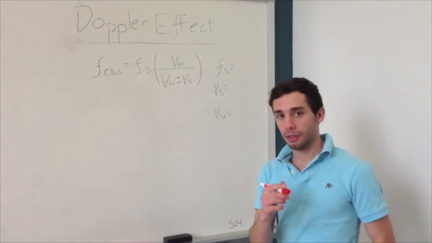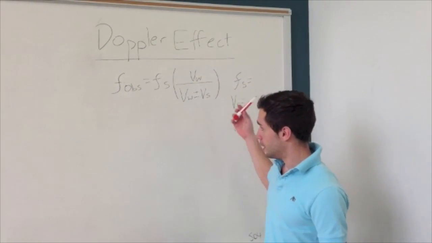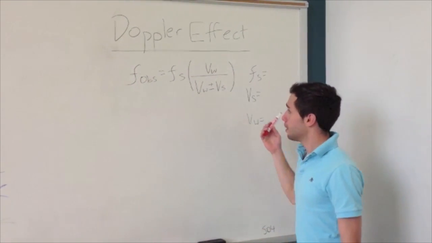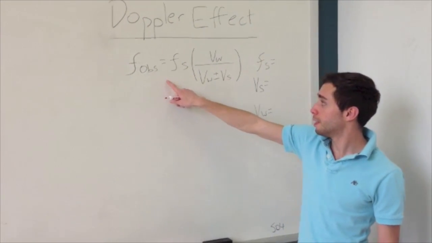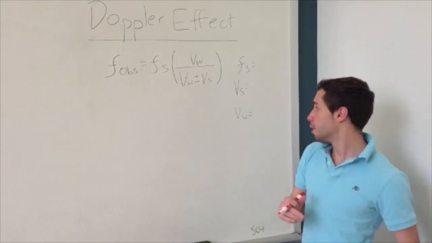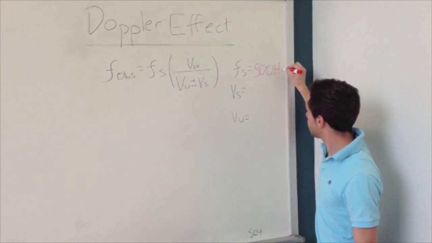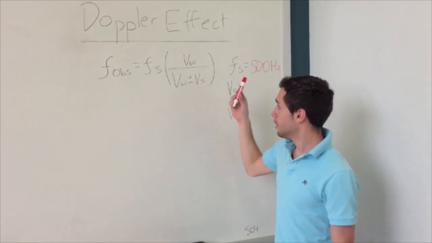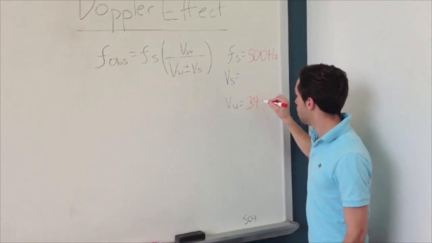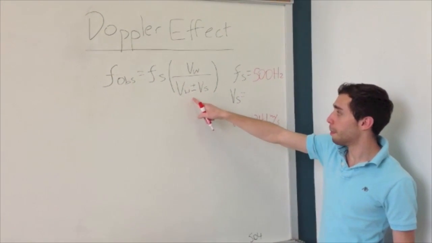So now I'm going to show you guys how to find the Doppler effect, which in reality is the frequency observed. So the equation is the frequency observed equals frequency of the source, and let's say the frequency of the source was 500 hertz, times the speed of sound, which we calculated earlier was 341 meters per second, over the speed of sound plus or minus the speed of the source.